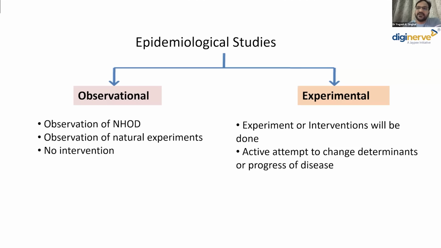We just observe, because we will make the result according to the observation. If we find that this person was not doing any exercise and the outcome was poor, we will write it as it is: the outcome was poor because the patient was not doing any exercise. So this is the observational study. We will do no intervention.